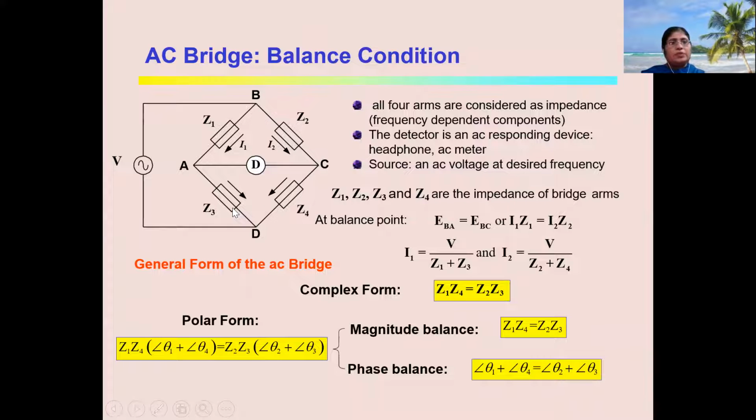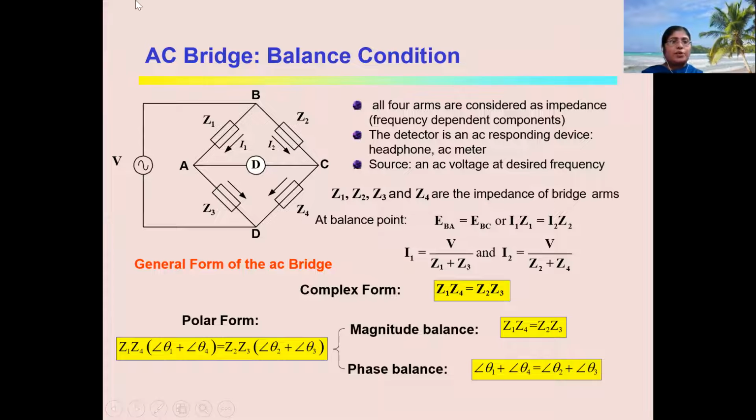But in the AC bridge, this is not a sufficient condition for the balance. Since the impedances depend on the frequency, the angle also appears in the picture. So Z1 Z4 equal to Z2 Z3 is only one balance condition.